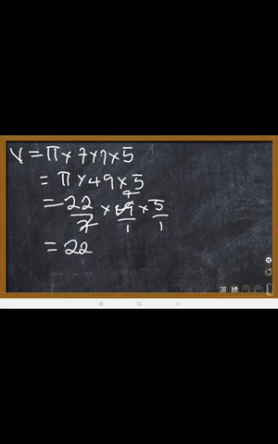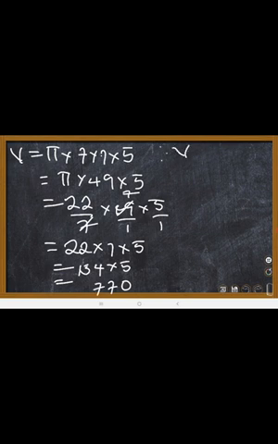So we have 22 times 7 times 5. 22 times 7 is 154, times 5 is 770. So therefore, the volume of that cylinder is 770 centimeter cube.